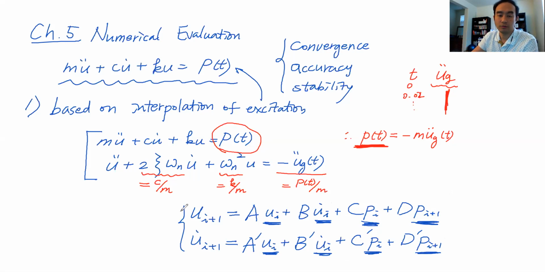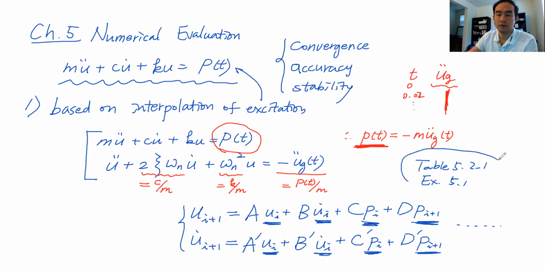Then we should be able to find the displacement response and the velocity response. And when you keep going, we can have a time history of all the responses. So Table 5.2.1 and Example Problem 5.1, those two will cover this method.